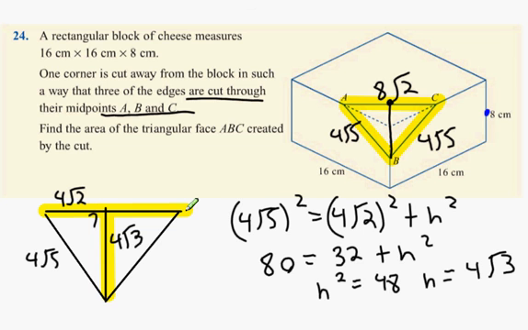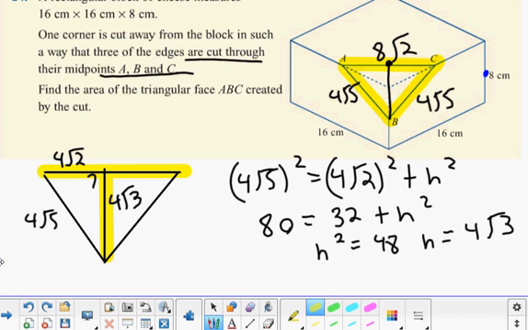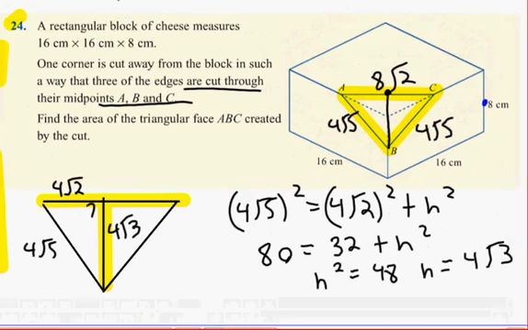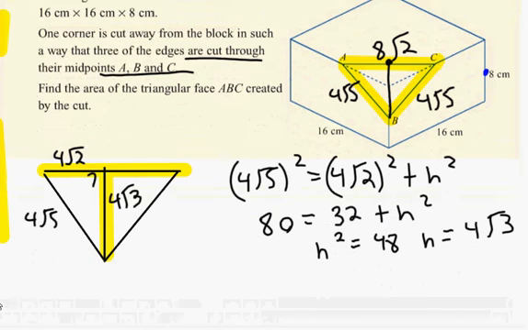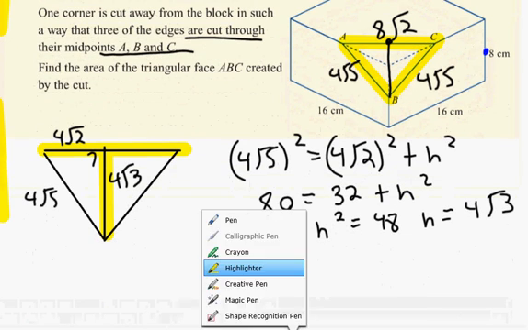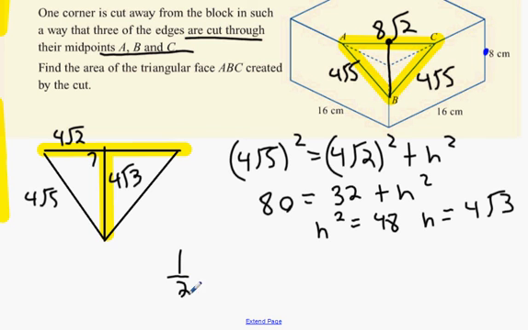So what Whelan would have done, and he made the right decision here, is say it's a half times 8 root 2 by 4 root 3. Anybody want to tell me what that is?